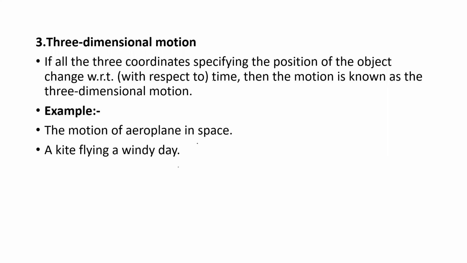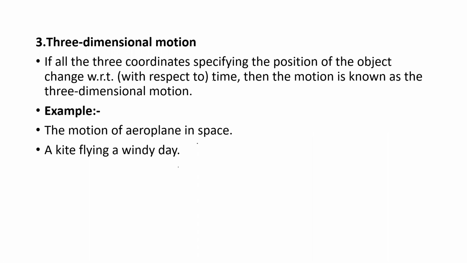Three-dimensional motion. What do you mean by three-dimensional motion? If all three coordinates specifying the position of the object change with respect to time, then the motion is known as three-dimensional motion. Examples are the motion of an aeroplane in space, and a kite flying on a windy day.